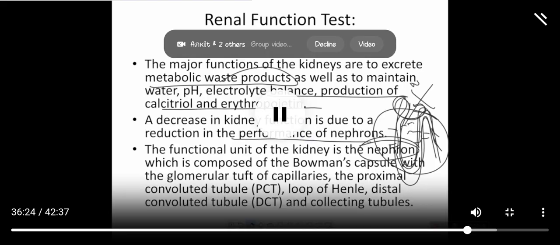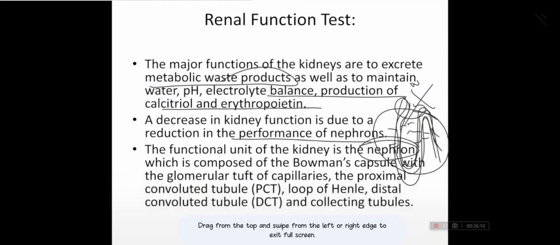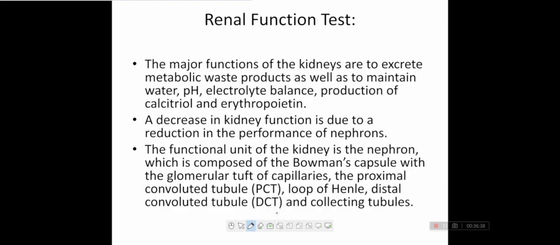The proximal convoluted tubule, this is the PCT, this is the DCT, and the collecting tubules, right? So these are the parts of the kidney by which the water, pH, electrolyte balance takes place.